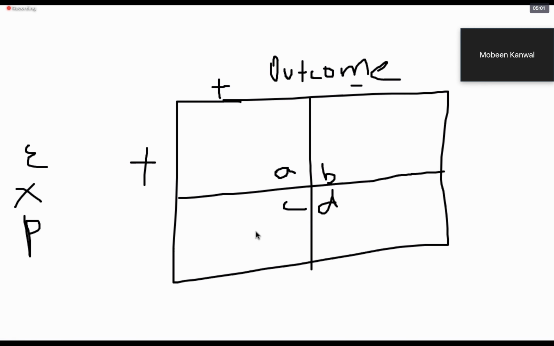Similarly, in C, we are going to write down all those individuals who are not exposed but develop the outcome. You must have heard about many people who never smoked but at times suffer from CLD. Isn't it?